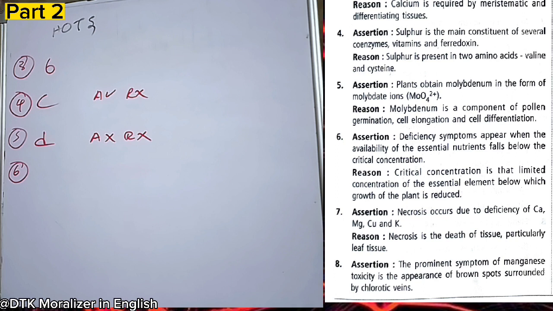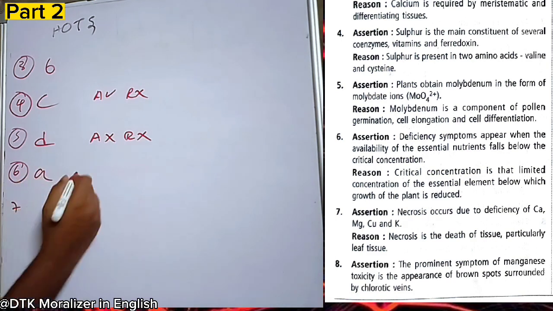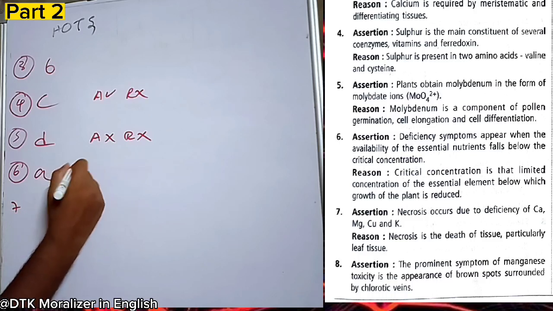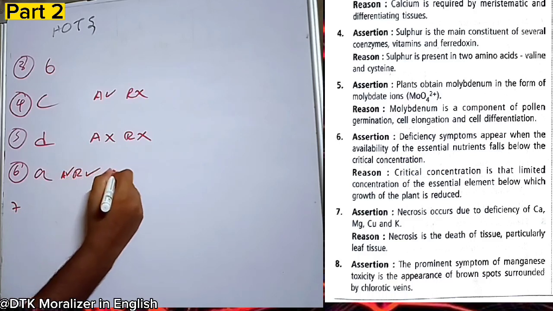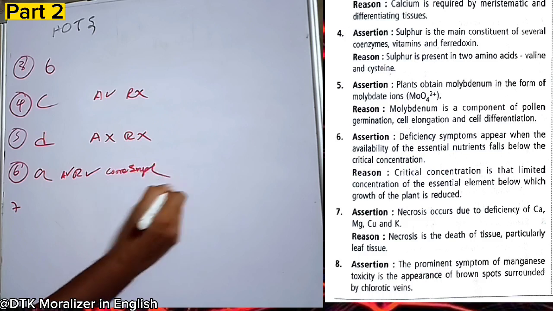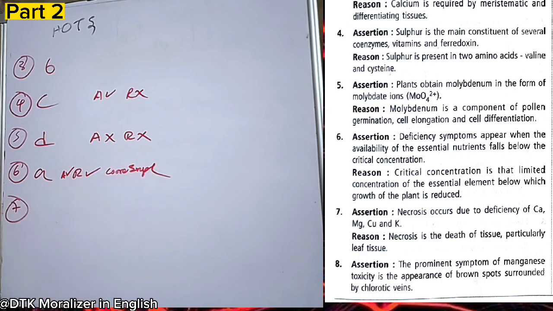So both are right, so option A would be correct here. As you can see, option A: assertion is correct and reason is also correct and a correct explanation.